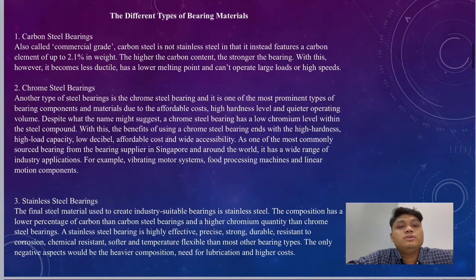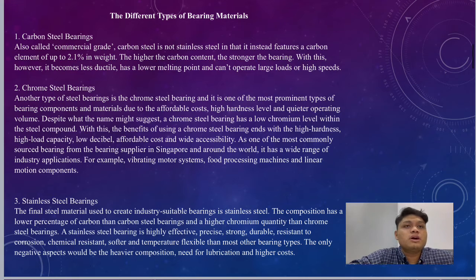Now I want to share about different types of bearing material, and number one is carbon steel bearing, also called commercial grade. A carbon steel is not a stainless steel, in that it instead features a carbon element of up to 2.1% in weight. Number two is chrome steel bearing.